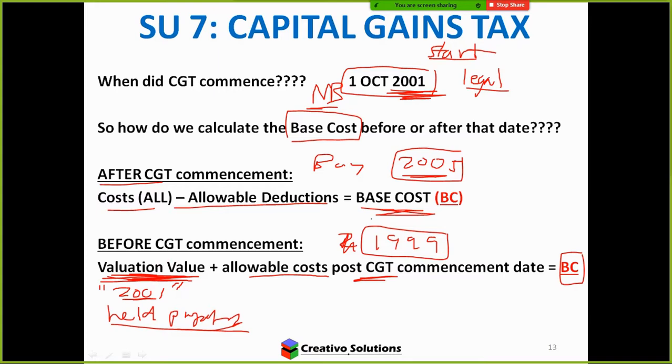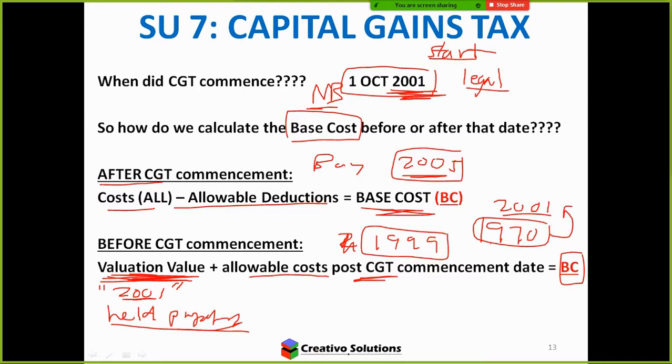Because remember, let's assume you bought property in 1970. That's a long time ago. That property could still be owned in 2001. Obviously that's 31 years of growth. Do you agree? Yes.